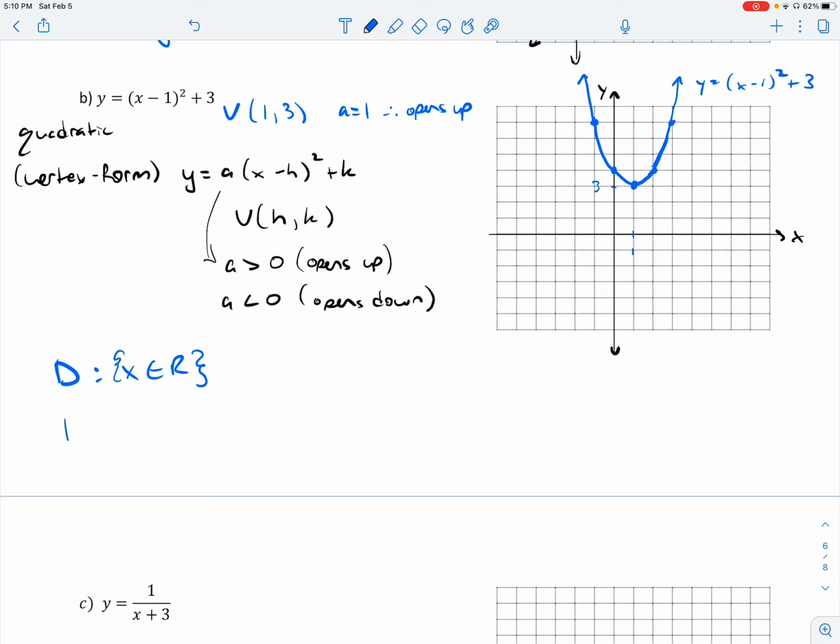Now the range, on the other hand, is a bit different. Okay, y is also an element of the real number system, but we're not just getting any y value out. So when I look at the graph here, I can see the smallest value for y. The smallest value for y is right here at 3.